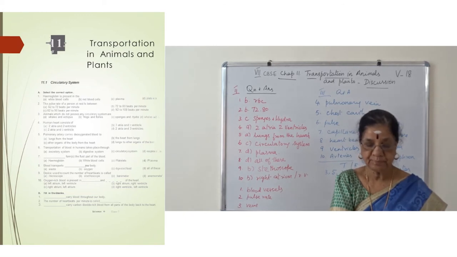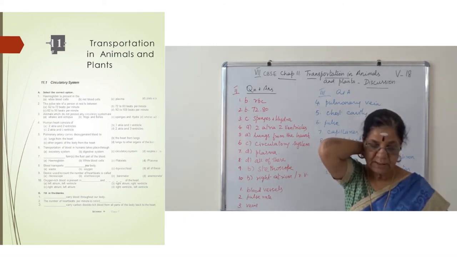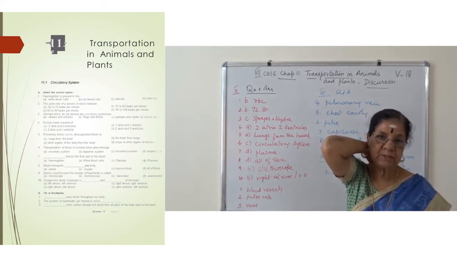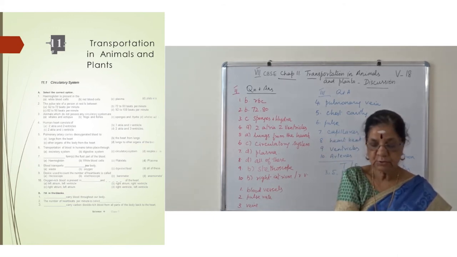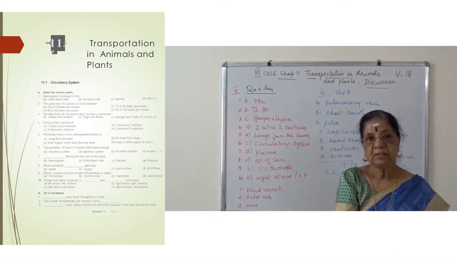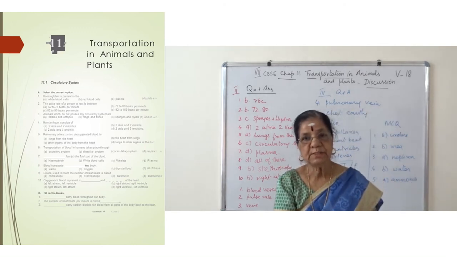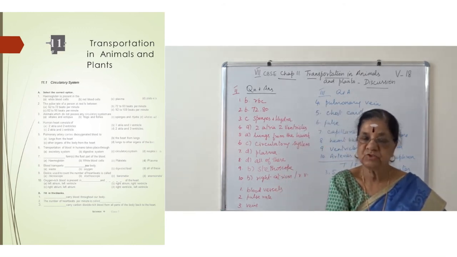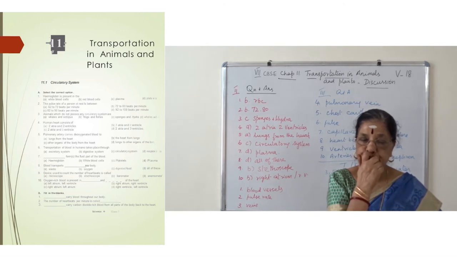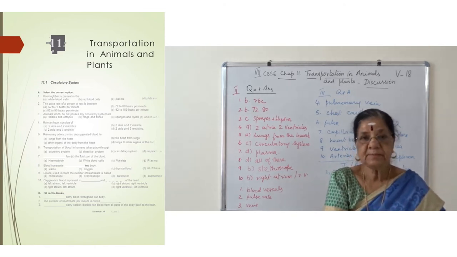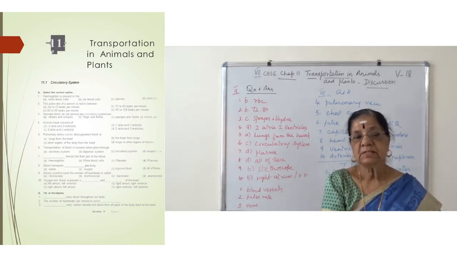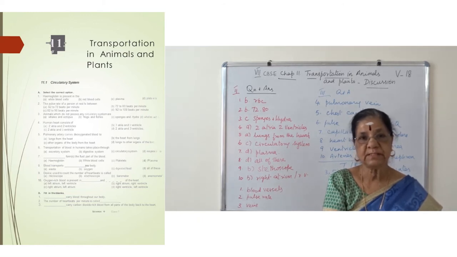Are you clear? Then fourth question, human heart consists of 2 atria and 2 ventricles, 3 atria and 1 ventricle, 2 atria and 1 ventricle, or 2 atria and 3 ventricles. No animal has 3 ventricles, right? Whereas fish have 1 atrium and 1 ventricle.